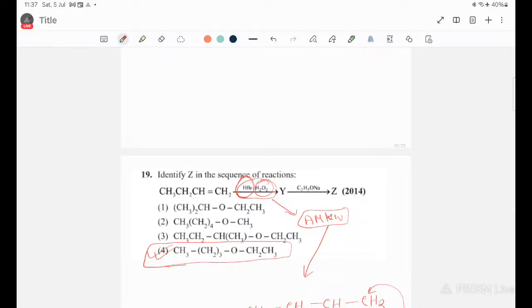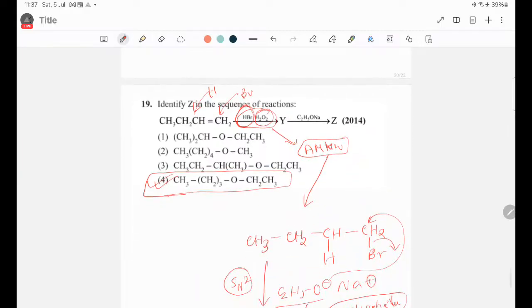Hydrogen will be attached to one carbon and bromine to another carbon, based on the Markovnikov or anti-Markovnikov rule. As H2O2 or peroxide is present, it will be anti-Markovnikov addition. So hydrogen will be added to the carbon containing the fewer hydrogen atoms, and bromine will be added to the other carbon.